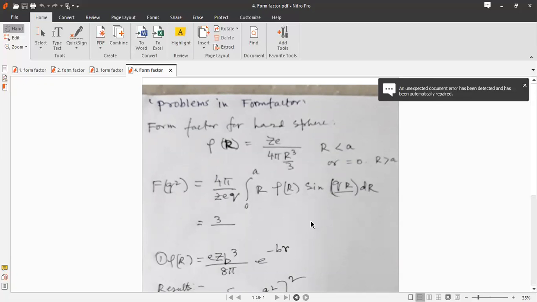If you go to the net, you can see that there is a huge application of the form factor, or in other words, sometimes it is called the structure function. So I will request you to go through the net and consult some books to get an idea of how important this concept of form factor is.